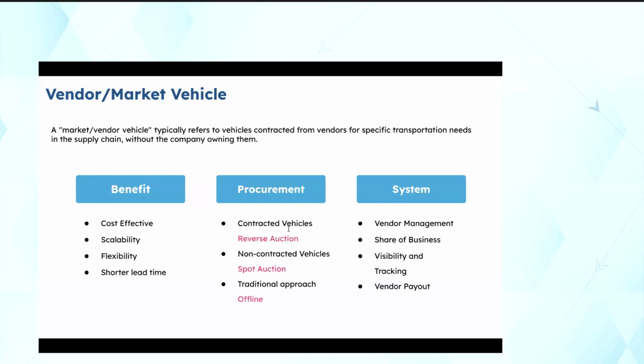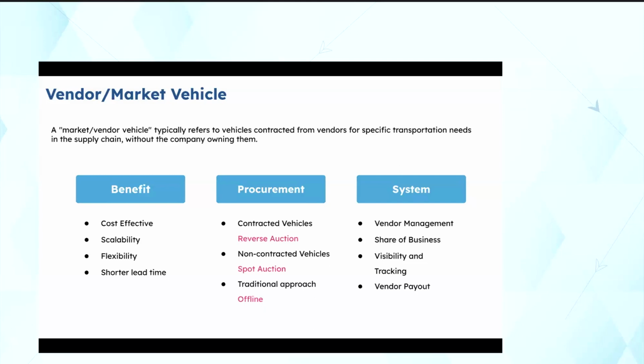Now the question arises: how to procure the contracted vehicle? In order to procure that, there is an option of doing a reverse auction, right? This is one of the procurement options, wherein the manufacturing or other logistics industries send an RFP to the vendors, right? That RFP essentially constitutes the lane details, the origin and destination details, and for a specific lane how much amount they can offer.